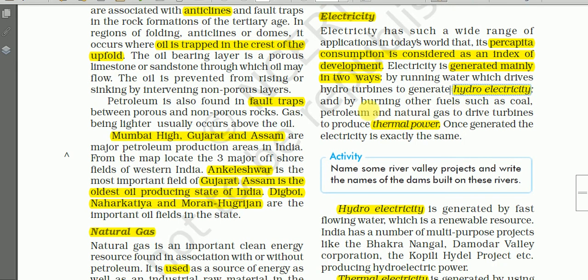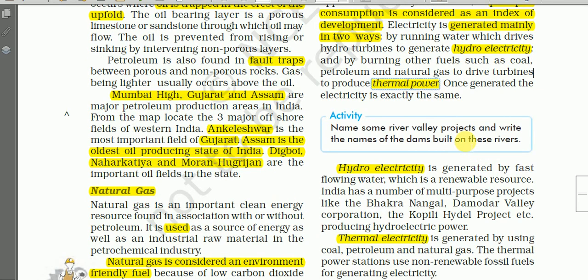And the second one is by burning other fuels such as coal, petroleum, natural gas to drive the turbines. In case of hydroelectricity, the turbine is driven by running water, and in the second case the turbine is driven by burning coal, petroleum, natural gas. This is known as thermal power plant. However, the process of generation of electricity is exactly the same.